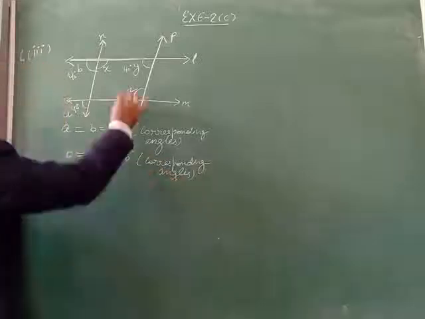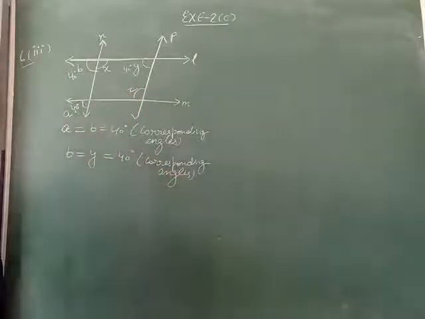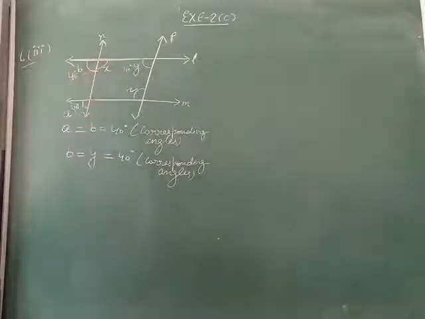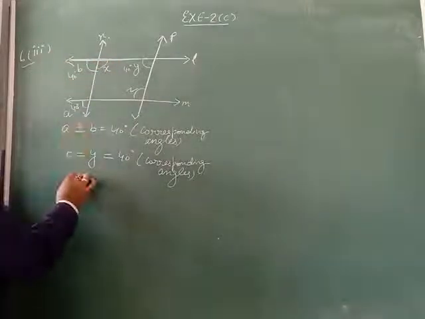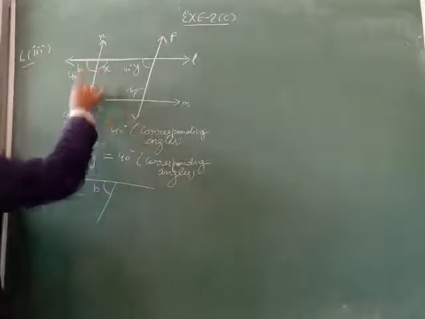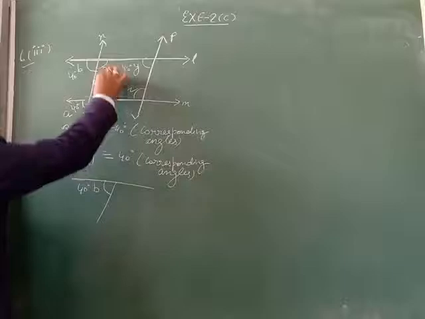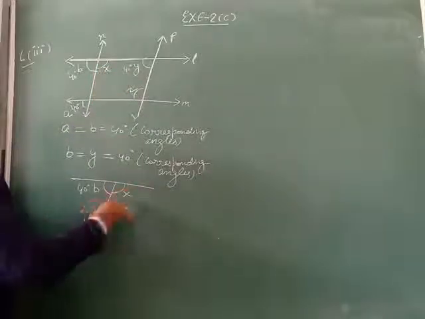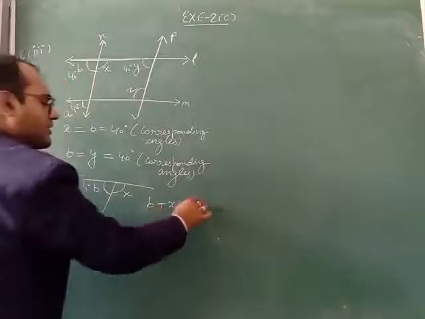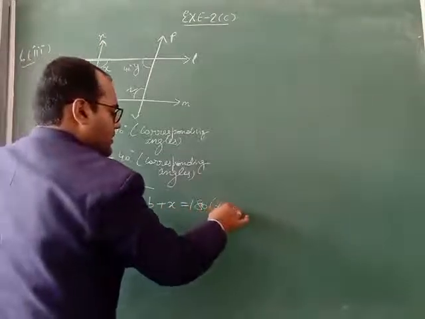So here we got the answer of Y. Now we have to find the answer of X also. The X answer we can find with the help of this B. This is the straight line. Here it is B, 40 degree. Here it is X. The sum of these two angles, B and X, on adding will be 180, a linear pair.